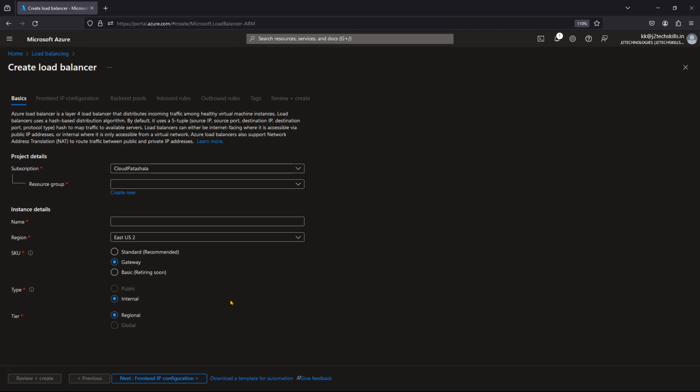And the second thing: okay, I'm using it, it's well and good, I deployed the load balancer, and two virtual machines are added in the backend and everything is good, and still I'm not able to access it over the internet. Something is not working, and I'm not able to access what I hosted on the backend. That means a network security group is a must and should be associated at the subnet level, guys.